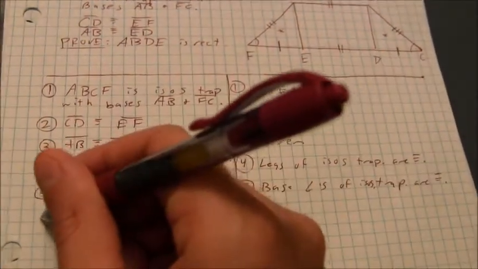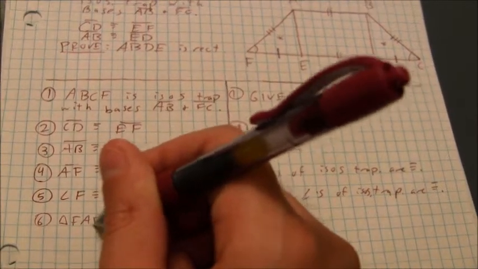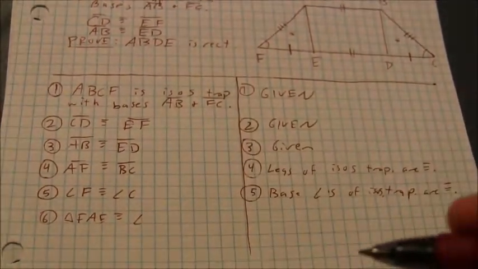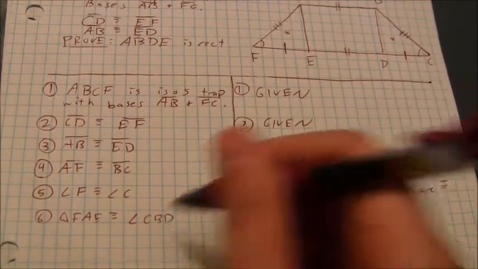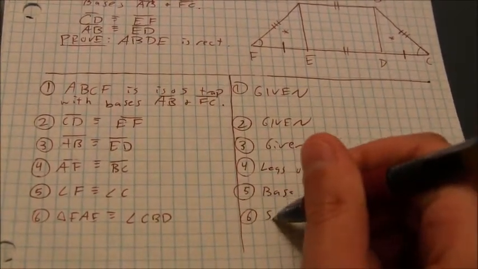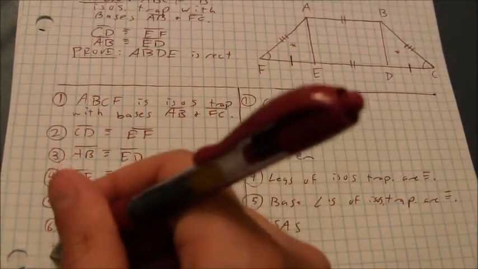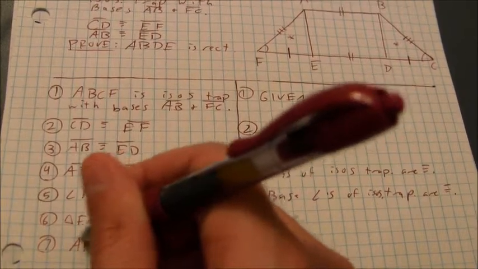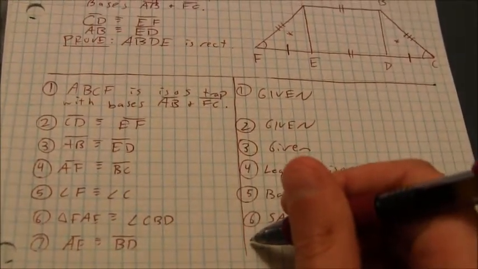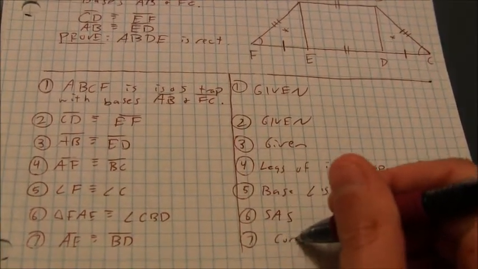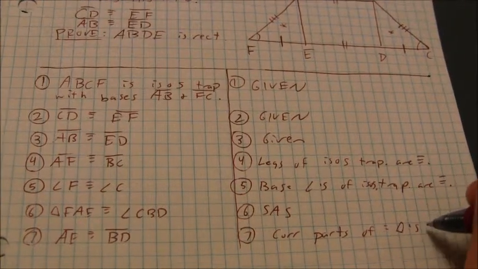And as a result, that means that triangle FAE is going to be congruent to triangle CBD by side angle side, which tells me that AE is congruent to BD because they are corresponding parts of congruent triangles.